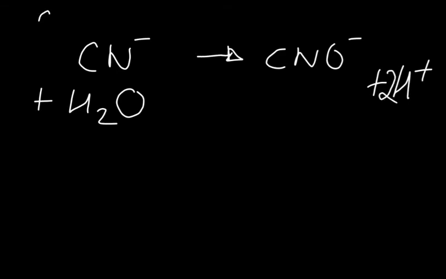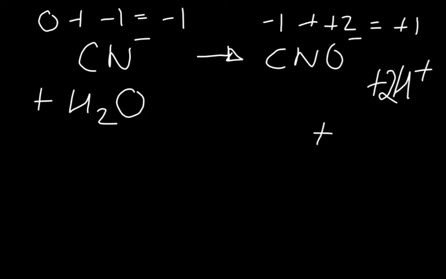So here we have a charge of -1. Here we have a charge of +1. So to make the charges equal on both sides of the equation, we have to add 2 electrons to this side. And we need to balance this.